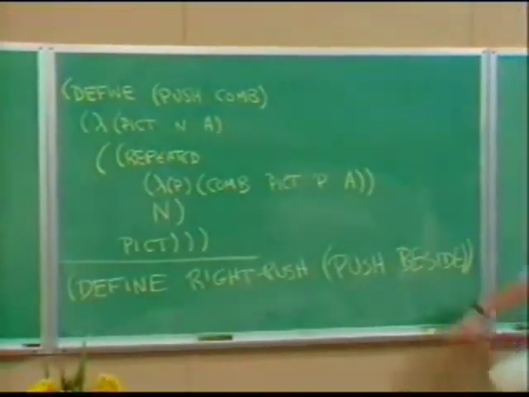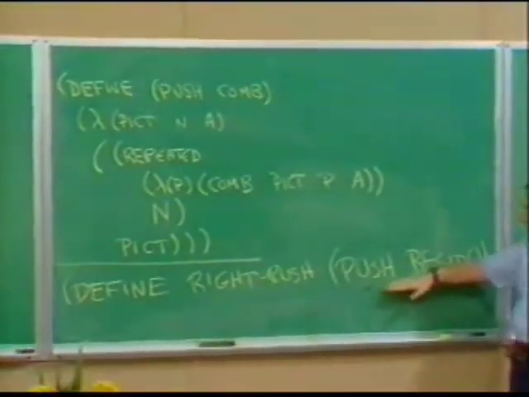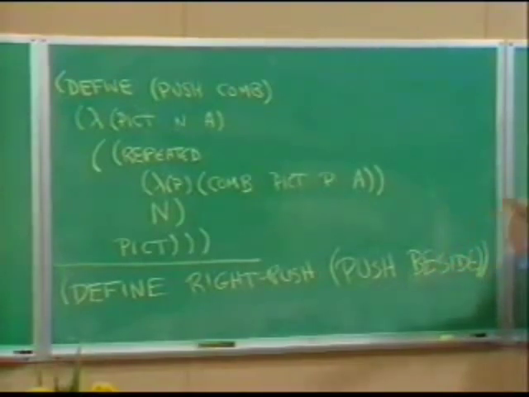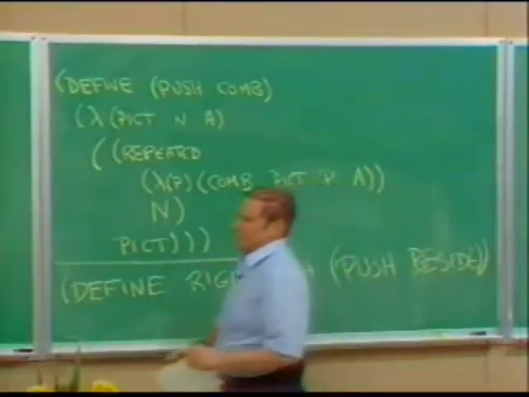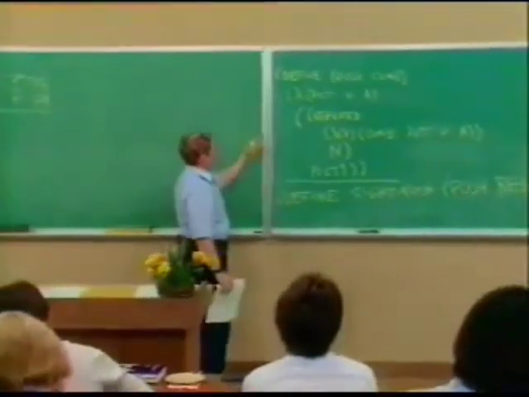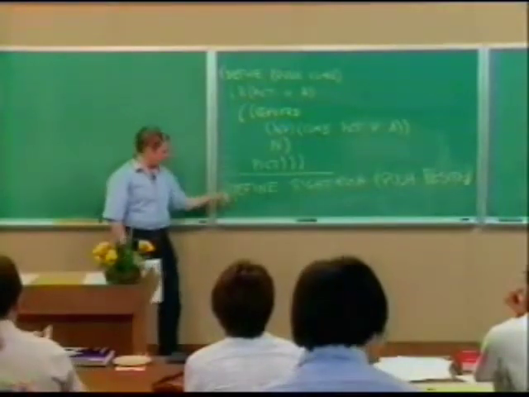Or if I said define up push to be push of above, I'd get the analogous thing, or define corner push to be push of some appropriate thing that did both beside and above, or I could push anything. Anyway, if you're having trouble with lambdas, this is an excellent exercise in figuring out what this means. Okay.